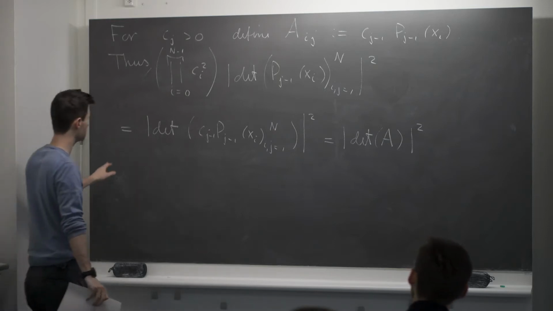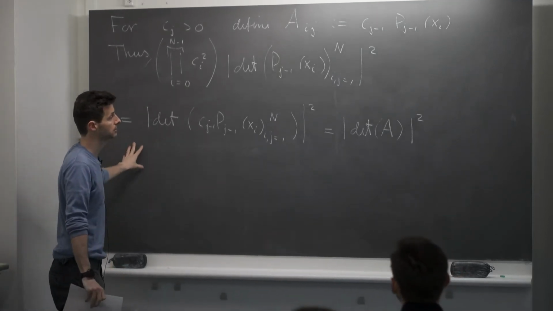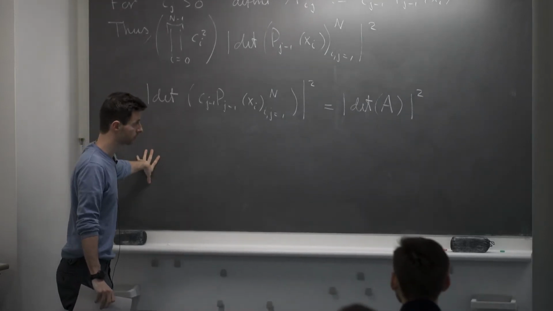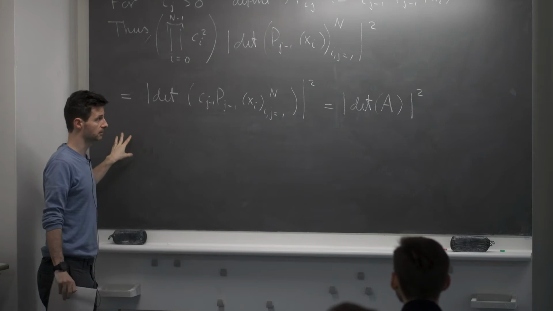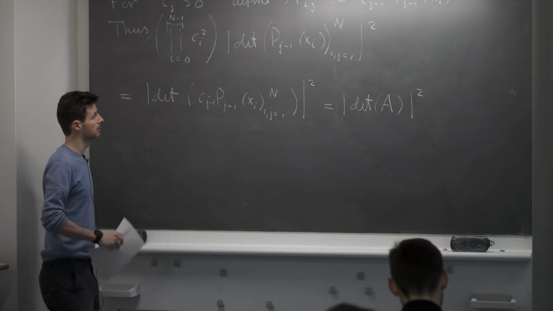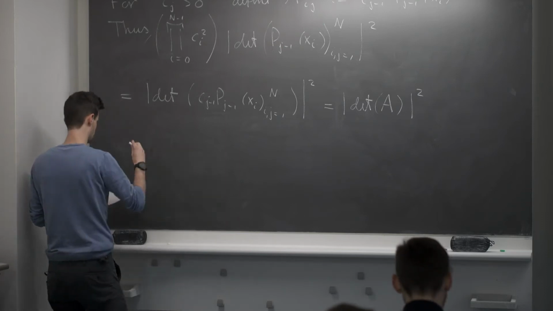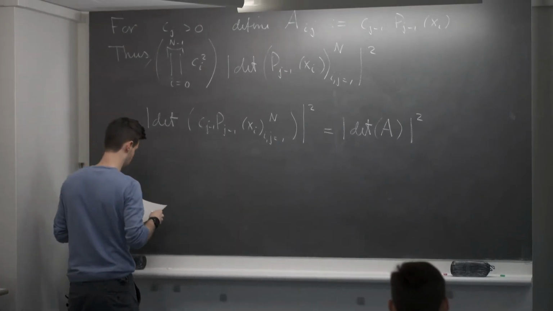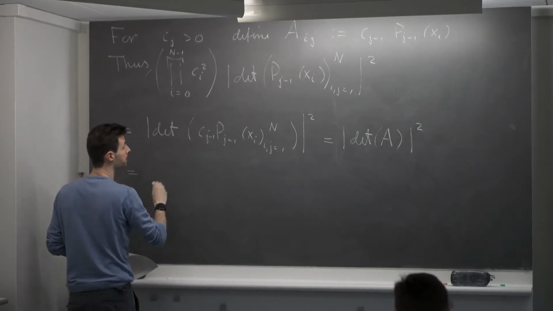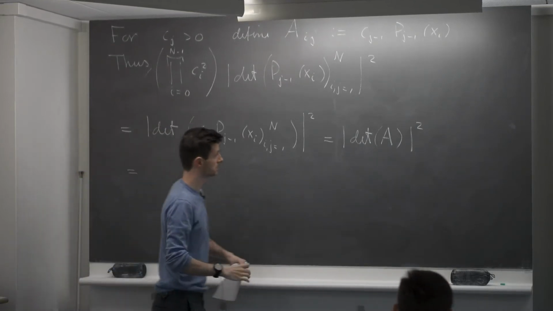And now I use the simple, but when you think about it, if you recall in linear algebra, very non-trivial property of determinants, that the determinant of A times the determinant of B is equal to the determinant of AB. And this is what I use here. And so what is this? This is the modulus squared.